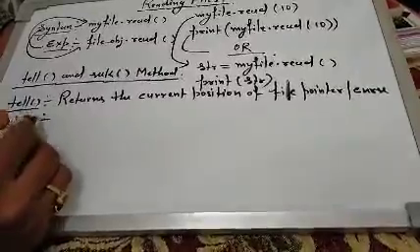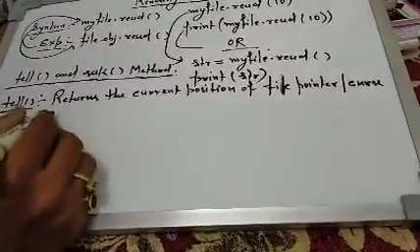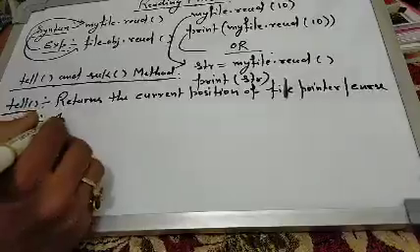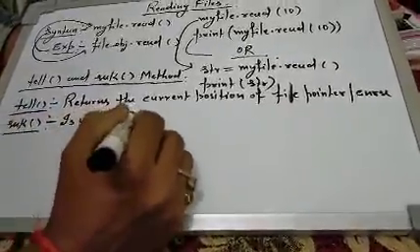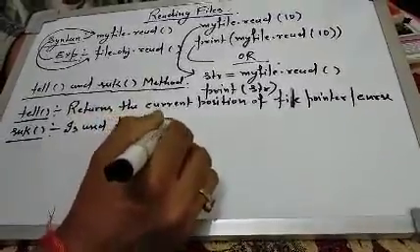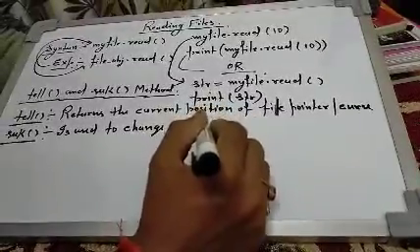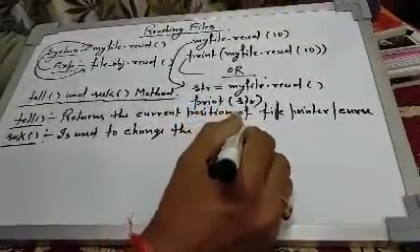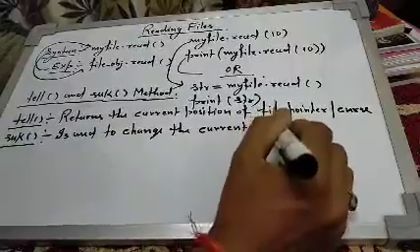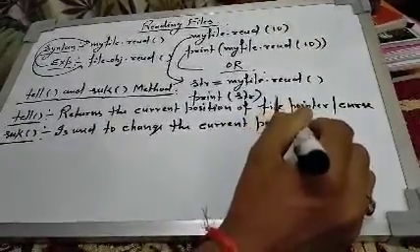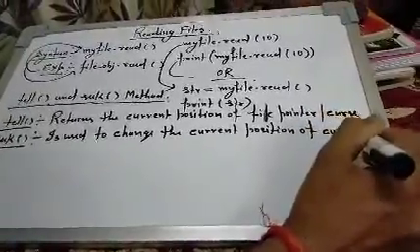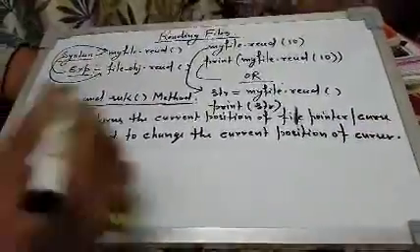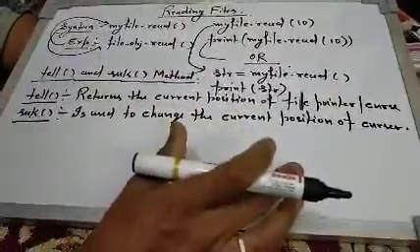Now the seek method is used to change the current position of the cursor for read operation as well as for write operation.